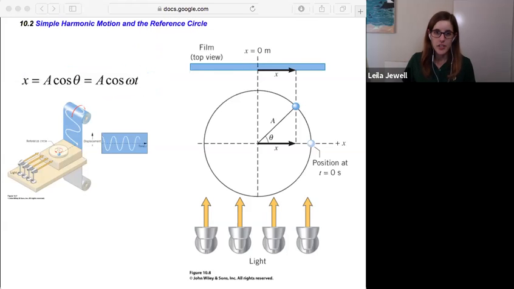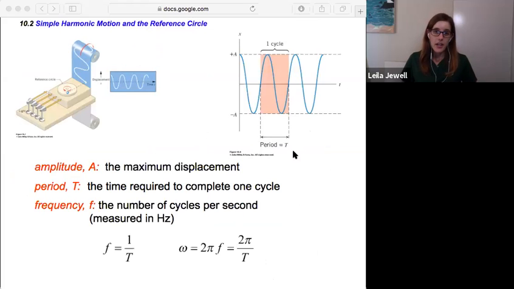Now, before we continue, it would help to define some quantities here. So A is the amplitude, and that's the maximum displacement. That's the furthest away possible from the equilibrium position at 0 to all the way out to that maximum distance away, A. Period is something we've seen periodically.